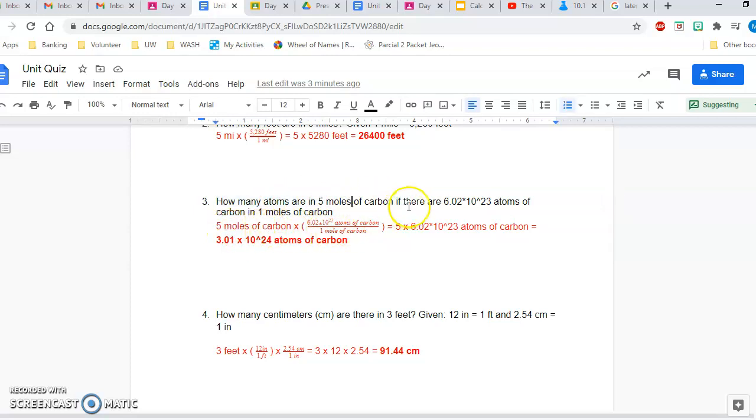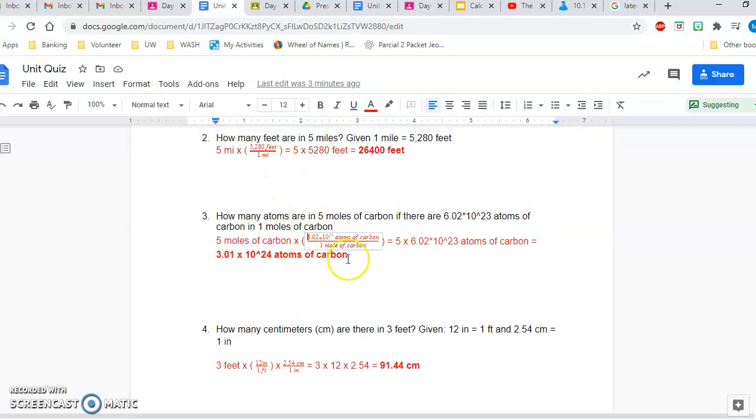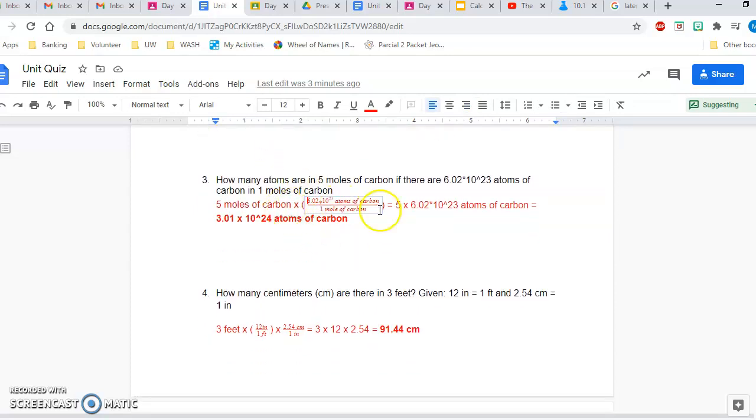We're going to put 1 mole of carbon on the bottom, and we said that it's equal to 6.02 times 10 to the 23rd atoms of carbon. So this is our conversion unit, just like it was up here, but it's just a really big number. So what I typed in my calculator was 5 times 6.02 times 10 to the 23rd, and got 3.01 times 10 to the 24th atoms of carbon.